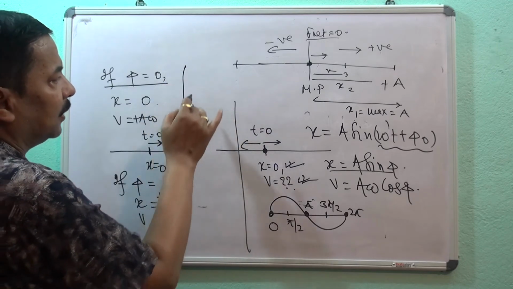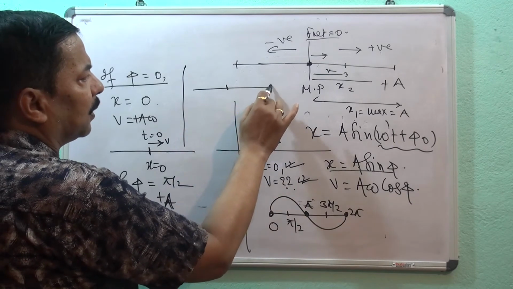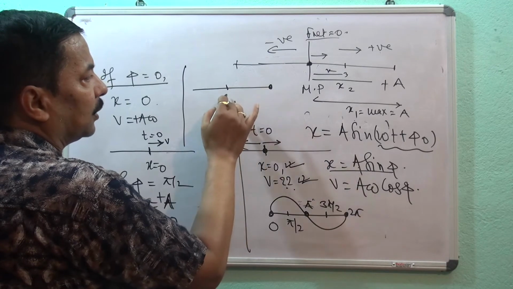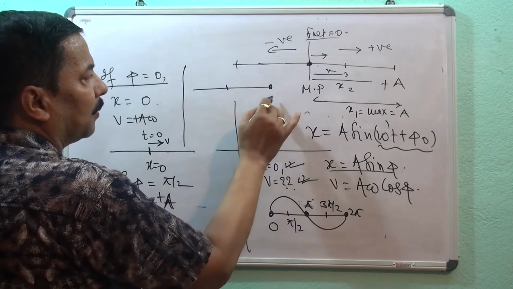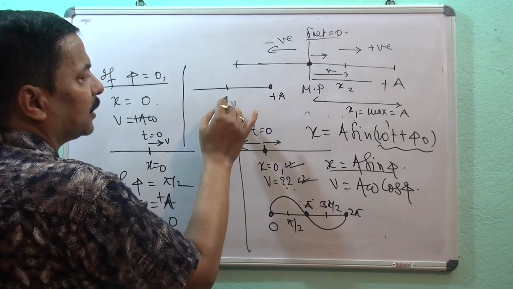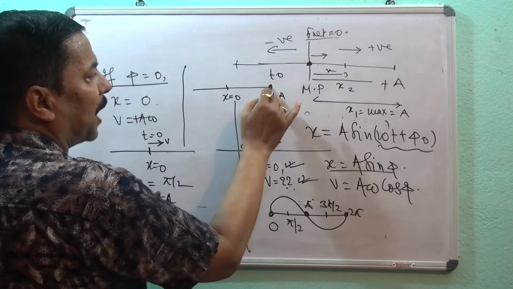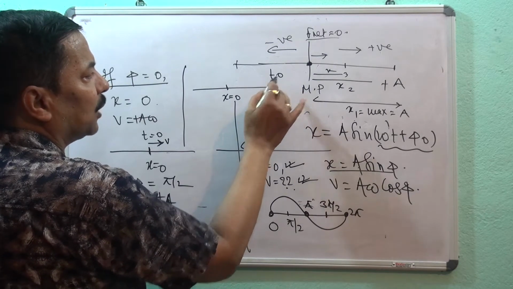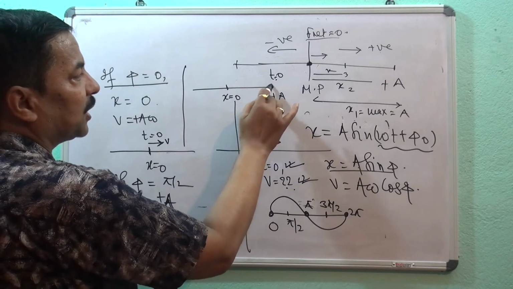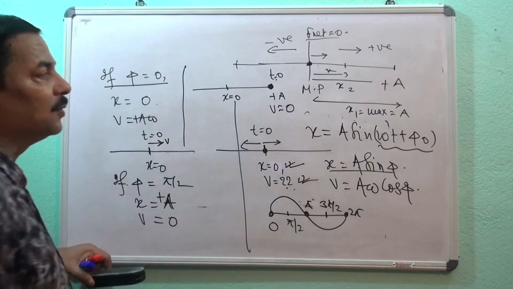It means that we are observing the motion from here. So this is plus a, and at t equals 0 the particle has started its motion from this point, and here the velocity is 0.